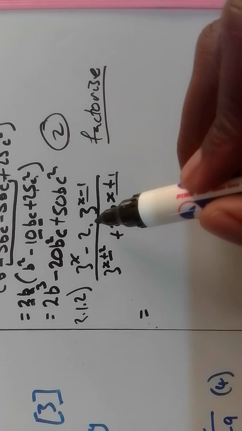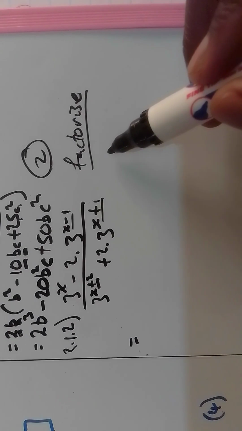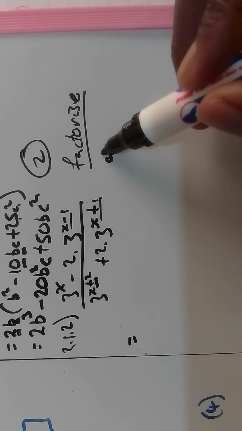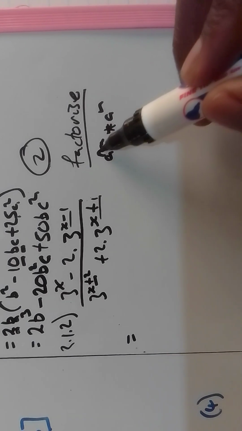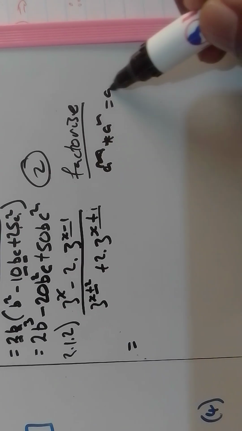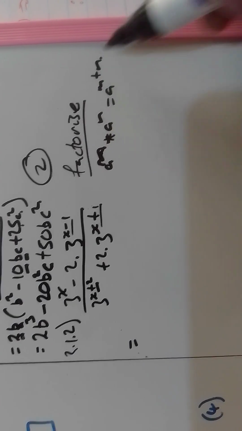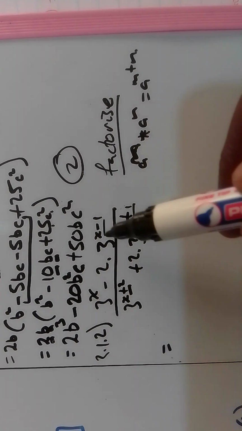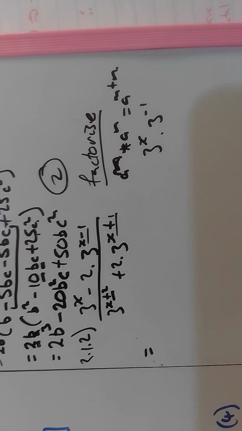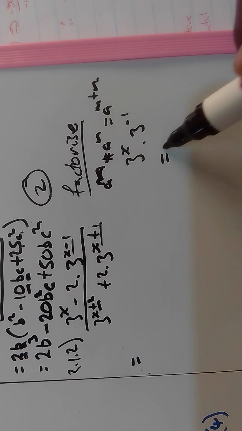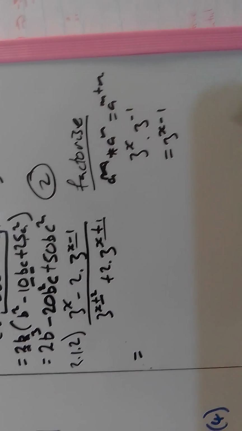Why am I saying I want to reverse it? Remember what I said a moment ago? A to the power m multiplied by a to the power n, we say a to the power m plus n. Now, when you are given 3 to the power x minus 1 here, it means that you are having 3 to the power x multiplied by 3 to the power negative 1, which is what gave you 3 to the power x minus 1, like that.